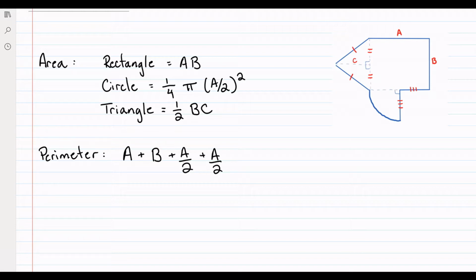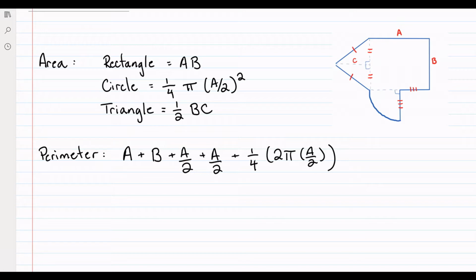Now this quarter arc: the circumference of a circle is 2 pi r, and it's only 1/4 of that. So it's 1/4 times 2 pi, and we already talked about the r value of that circle being A over 2.